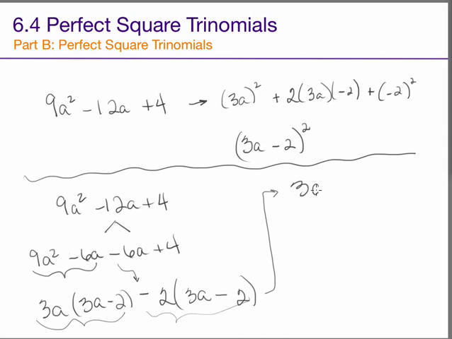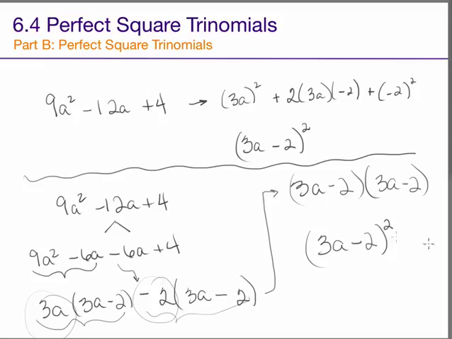That's (3a minus 2). And what's left over? (3a minus 2). Because these two factors happen to be the same, I can write this as (3a minus 2) times itself, or (3a minus 2) squared.